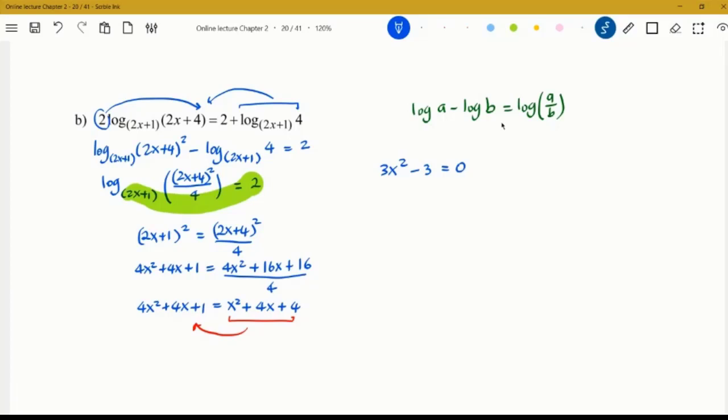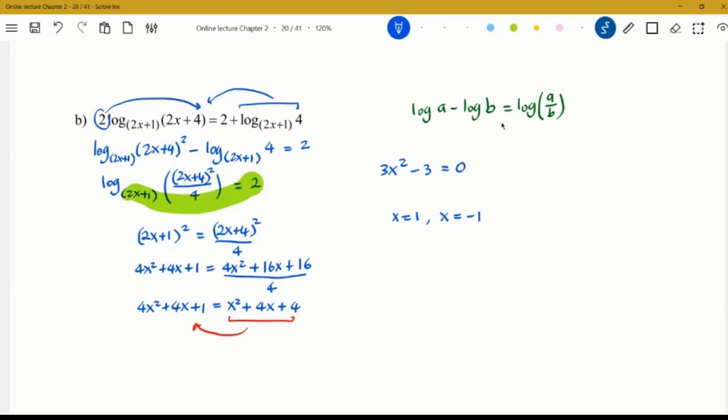So kalau pakai calculator dia dapat apa nilai ni? If you use calculator, factorize using calculator, kita dapat nilai dia adalah x equal to 1, x equal to negative 1.